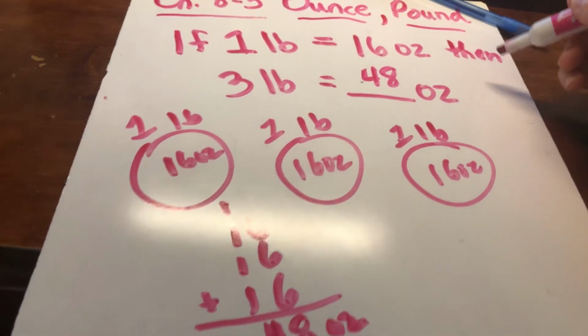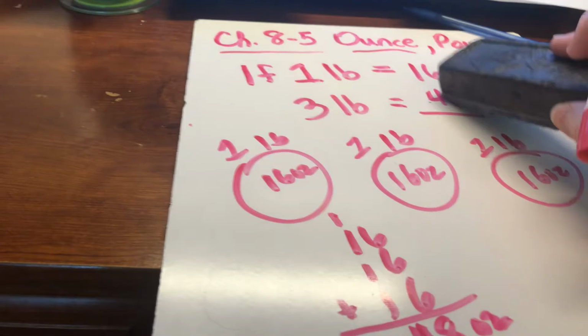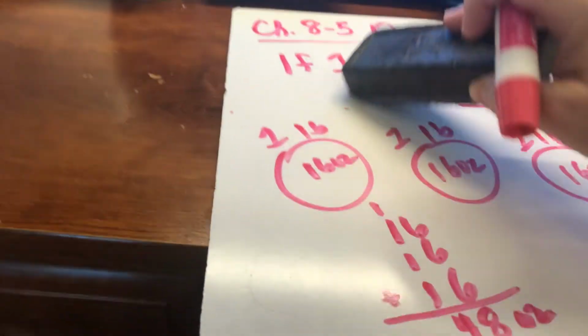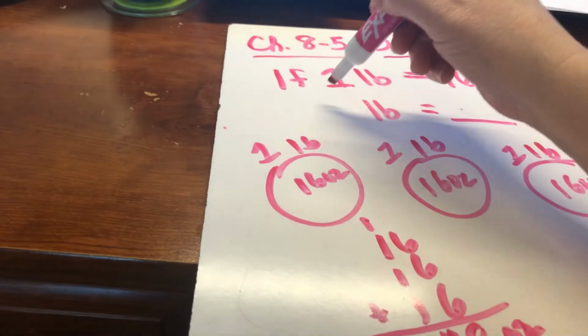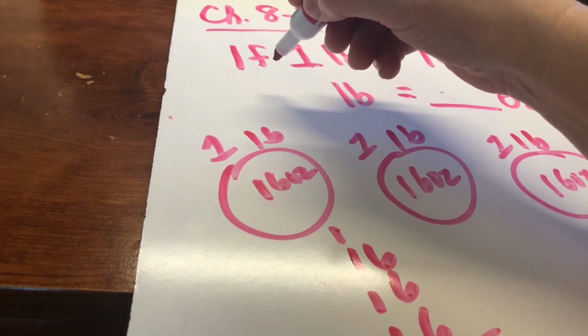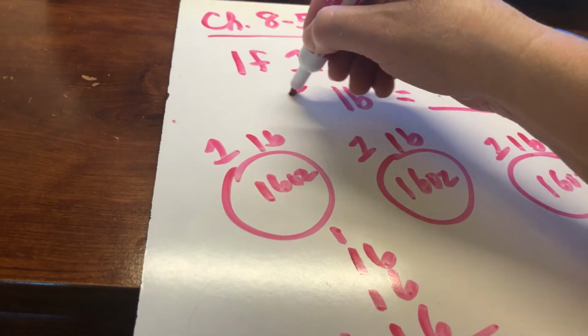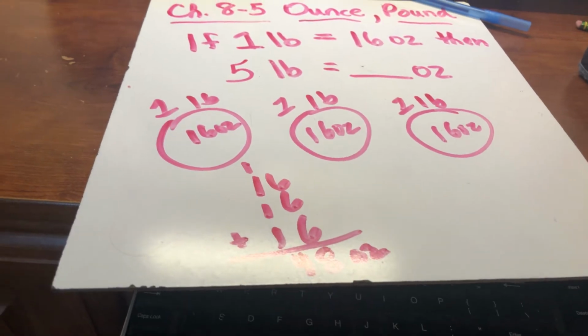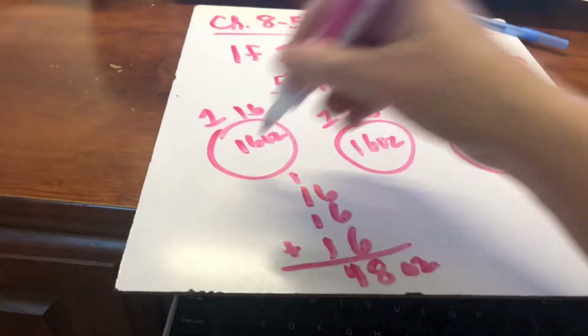Okay. What if I changed this to, let's say, 5 pounds? How many ounces would that be? Now it's like having 2 more of these.